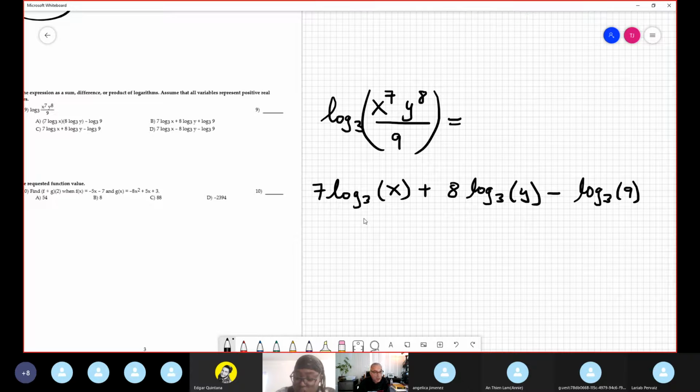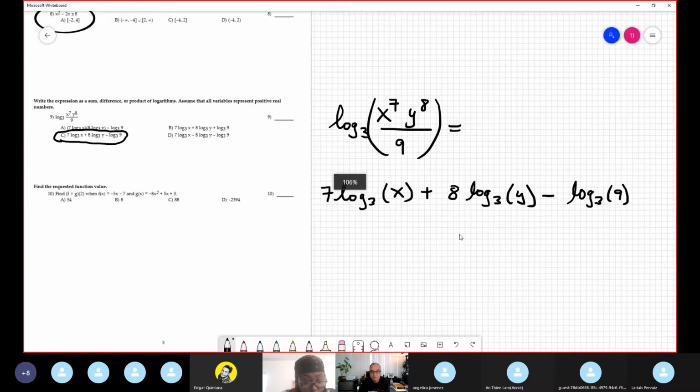But it's okay. In the options, we have logarithm base 3, 7, plus, minus. I suppose it's D option. D or C. Let's see, 7, logarithm y. No, it's C. It's C because the second one is positive. Positive, negative. Okay.